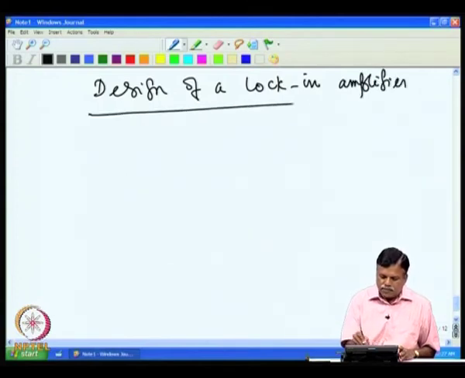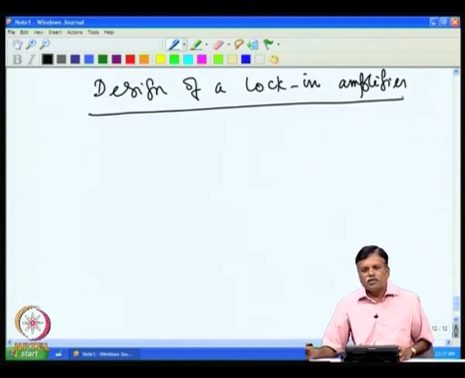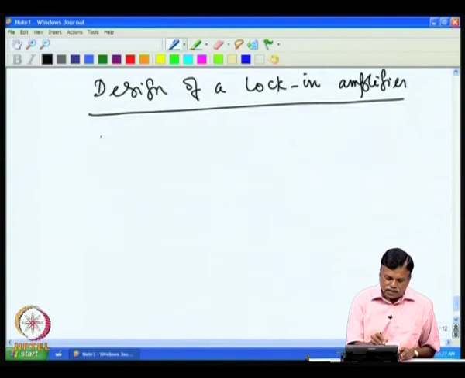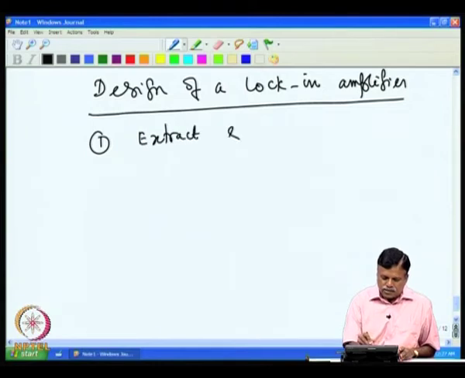Now, the lock-in amplifier originally was used only to extract the signal which is buried in the noise, and also the lock-in amplifier concept is used to separate out in phase and out of phase components. So, basically lock-in amplifier is used to extract signal which is buried in noise.